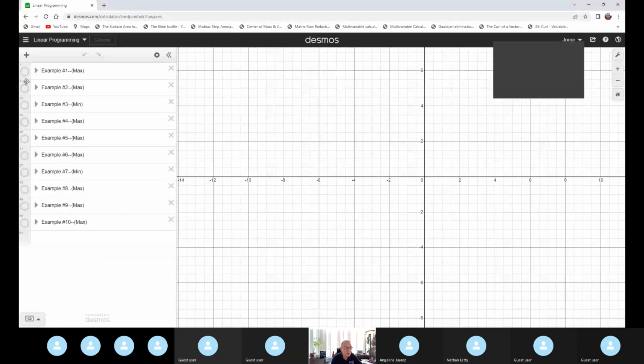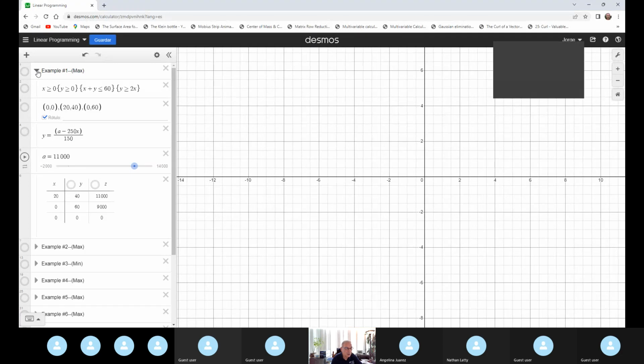And we solved only one problem today. Problem number 1 is formed by 4 constraints. I copy the 4 constraints, separated by curly brackets. Of course, the first one doesn't need a curly bracket. If you put a curly bracket there, you make a mistake, because it's the syntax of Desmos.